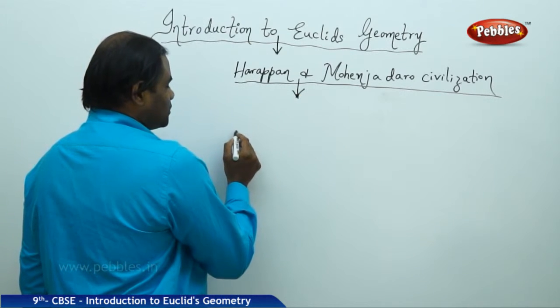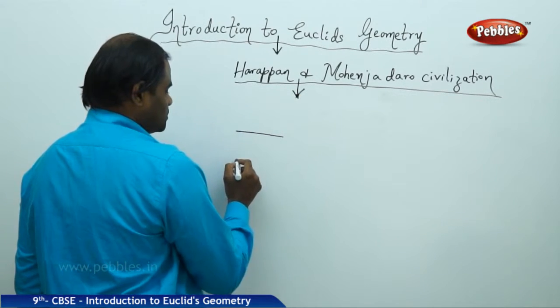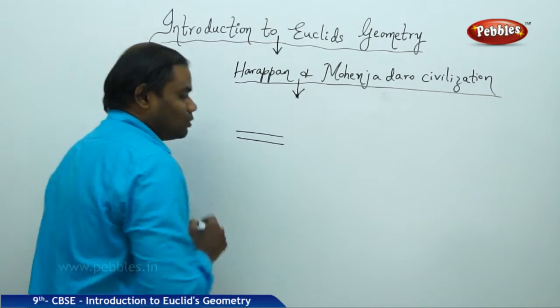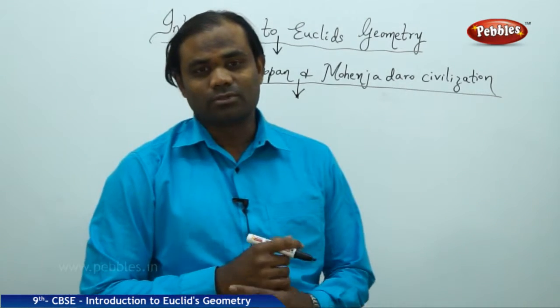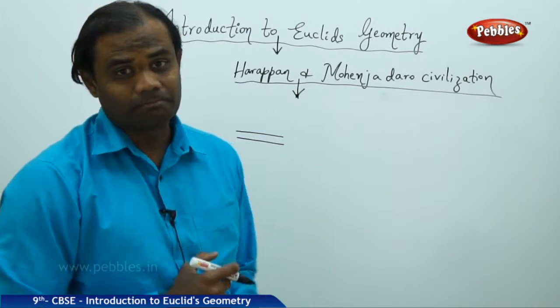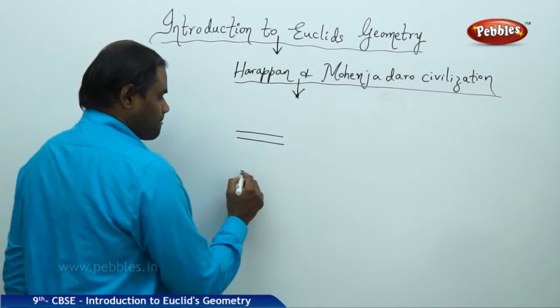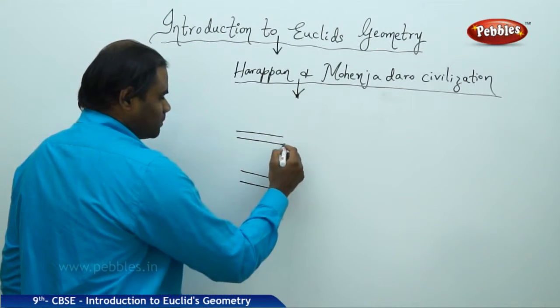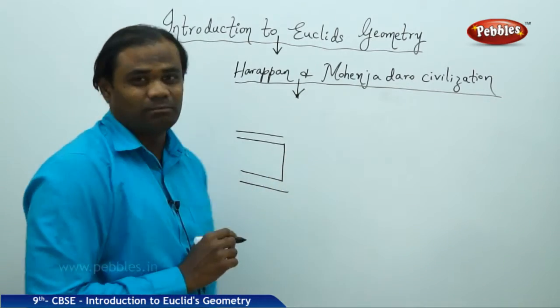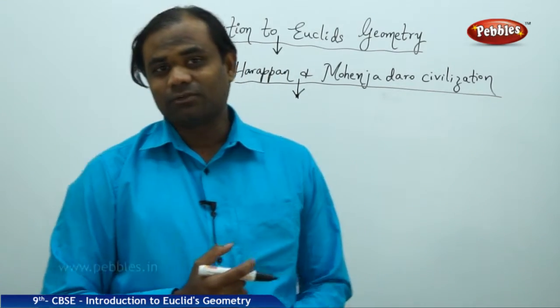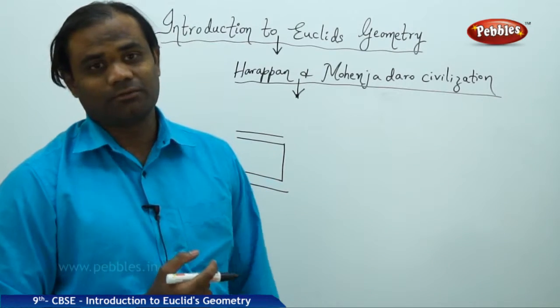In Mohenjo-daro, it was known that most of the roads were parallel to each other and exactly perpendicular. Even the concept of perpendicular, or 90 degrees, was used in the construction of roads.